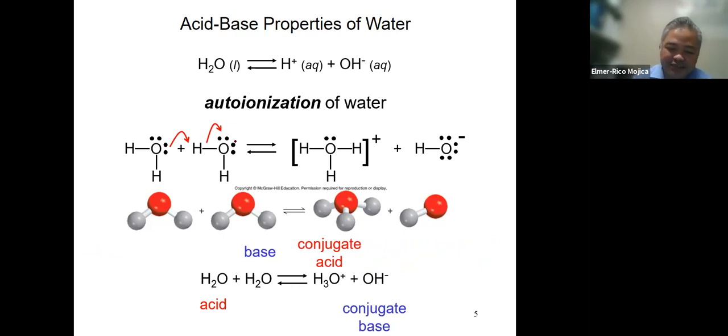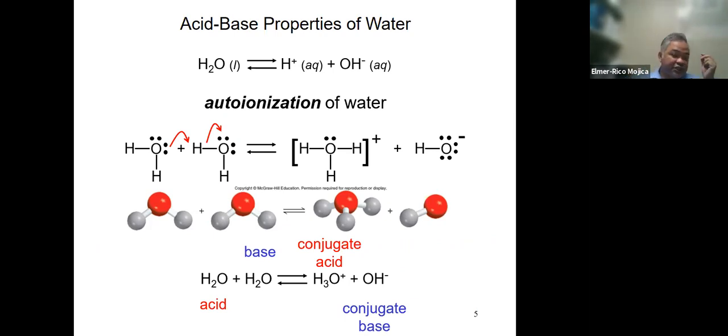A water that acts as an acid usually becomes the conjugate base, and a water that acts as a base usually becomes the conjugate acid. So what happened? One of the hydrogens in water will be given out, so that acts as an acid. Now, the water that accepts the hydrogen acts as a base.